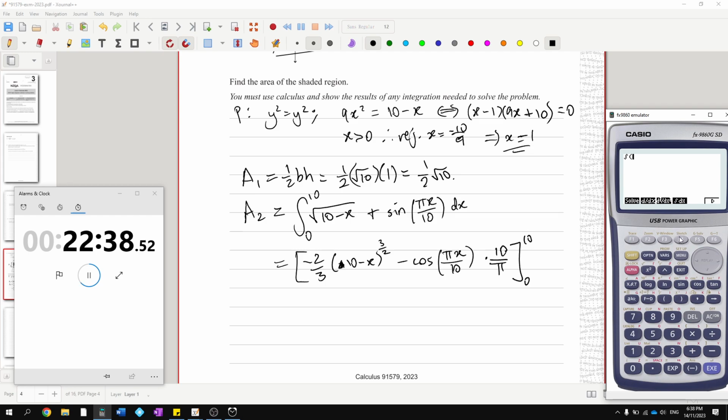Integral of (10 minus x) to the 0.5 plus sine of pi x over 10 from 0 to 10. And then we just take off. Okay, let's just write that. 27.45.